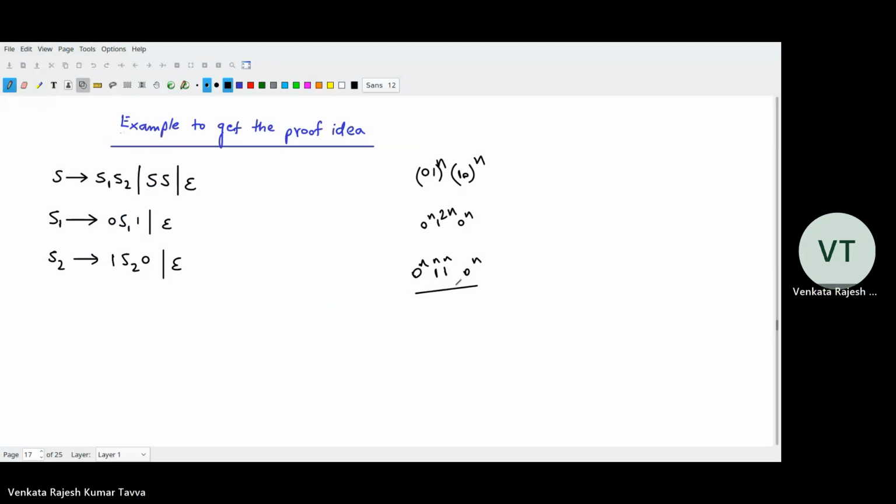Okay. Any other answers? Because we can take S goes to SS, now one of the S's. So it's 0 power n, 1 power n, and then 1 power m, 0 power n, right? Like the first half and the second half don't have to be the same.